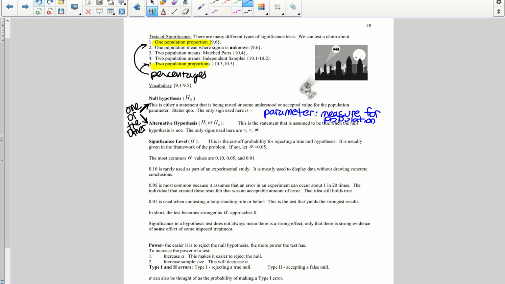A measure for the population is really what a parameter is, because statistics are measures for samples. And so what we want to do whenever we conduct a test of significance is make a determination of whether our sample statistics tell us anything meaningful about the population parameters.